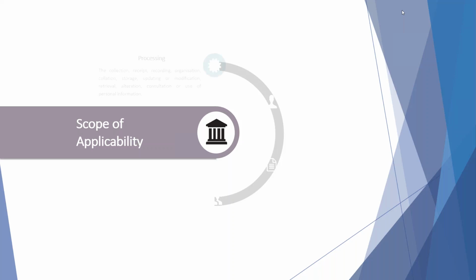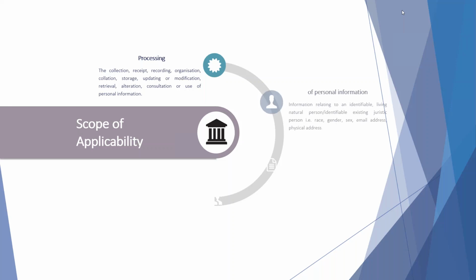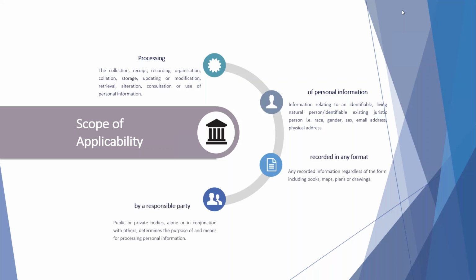Privacy means the processing, which includes the collection, receipt, recording, organization, collation, storage, updating or modification of personal information, which means information related to an identifiable, living, natural person, and recorded in any format, regardless of the form, including books, maps, plans, or drawings, by a responsible party.